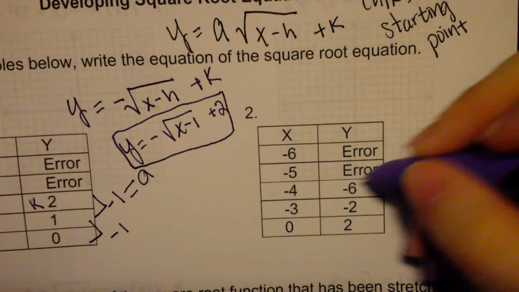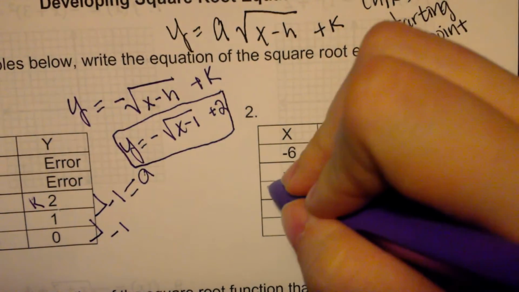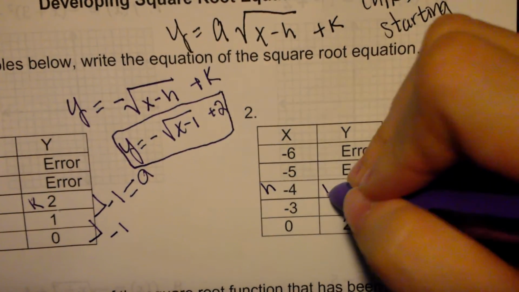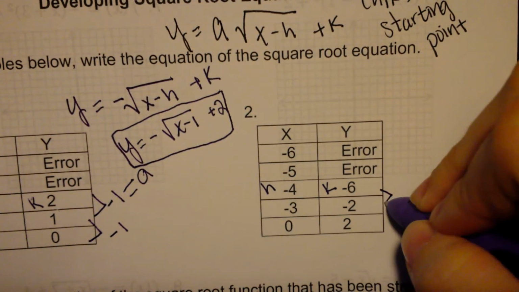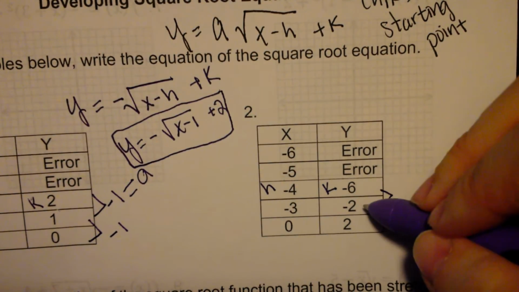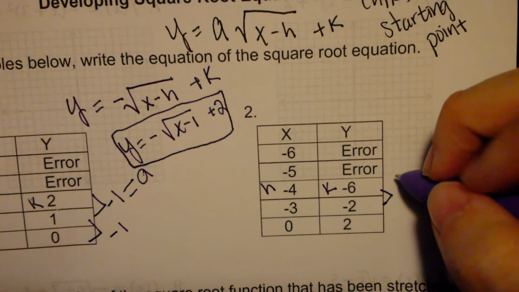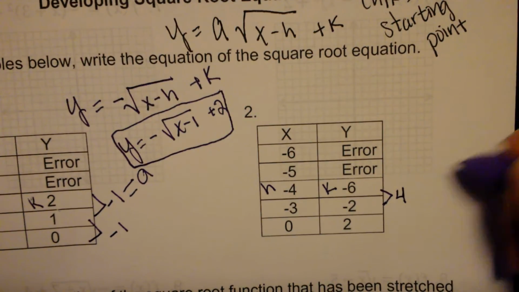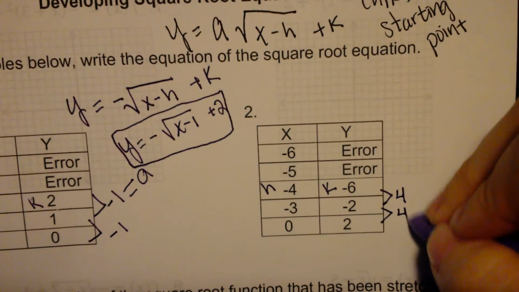So number 2, my starting point is (-4, -6). So negative 4 is my h, negative 6 is my k. And I'm looking at the difference between my y values. Negative 2 minus a negative 6 is positive 4. And 2 minus a negative 2 is a positive 4.